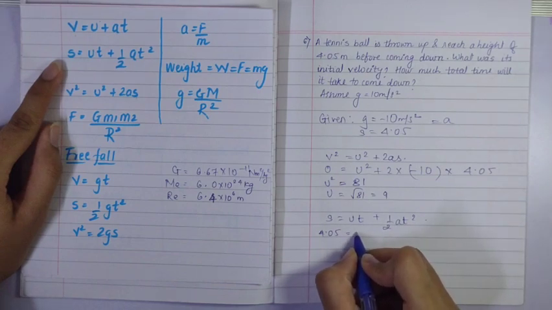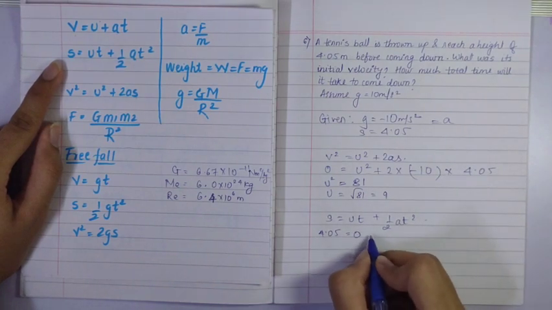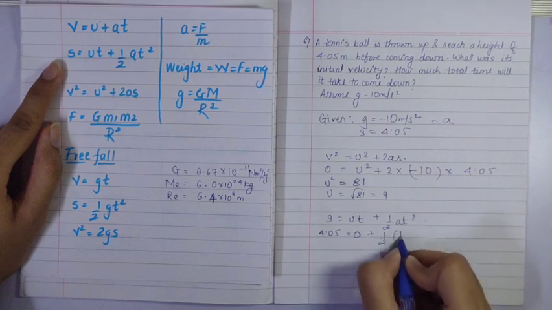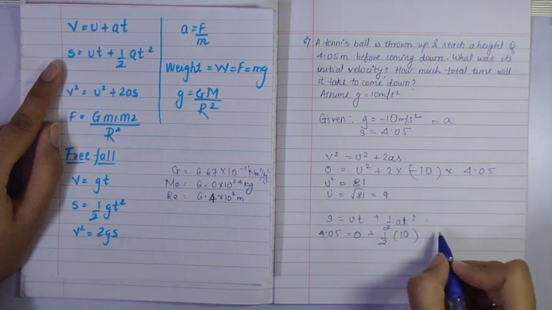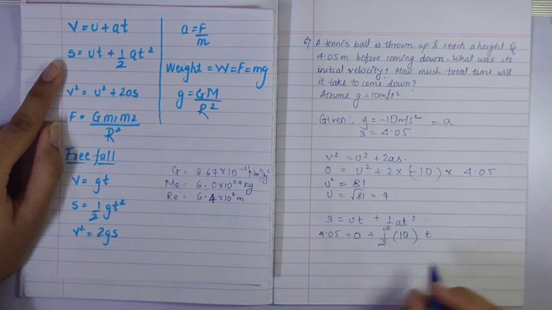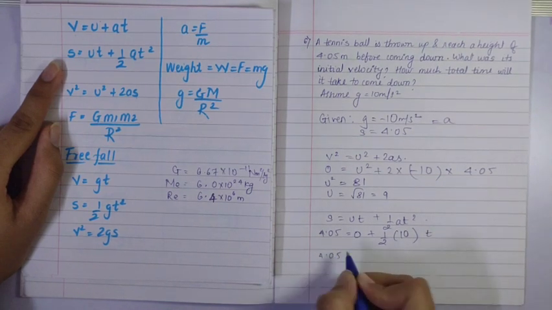So here the initial velocity is 0, plus half. Again a is 10 and not minus 10 because it's coming from up to down. Now t square is something that you need to find out.